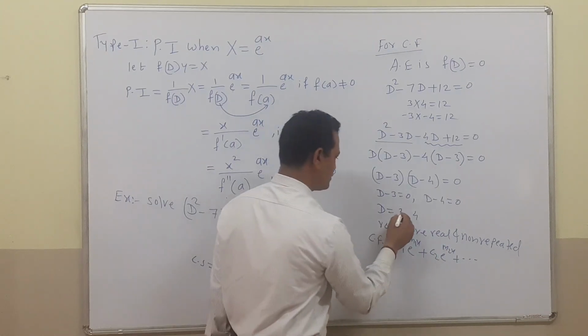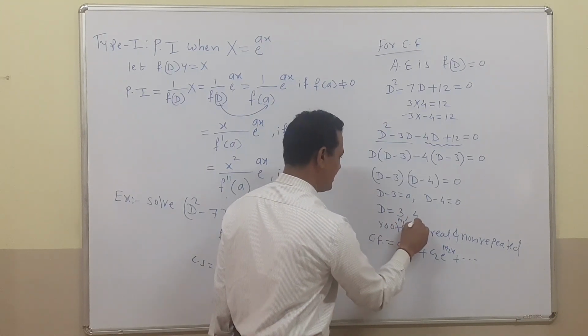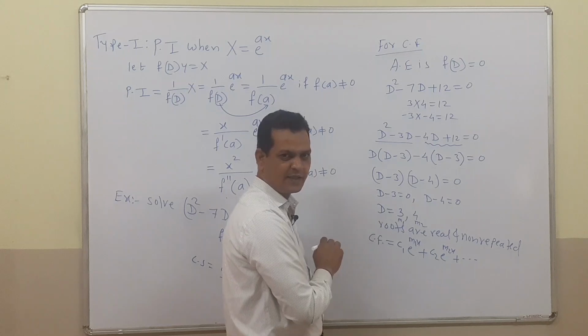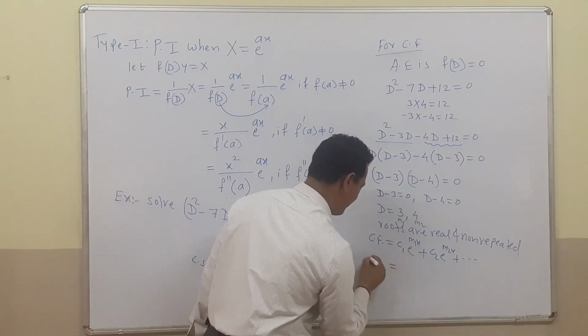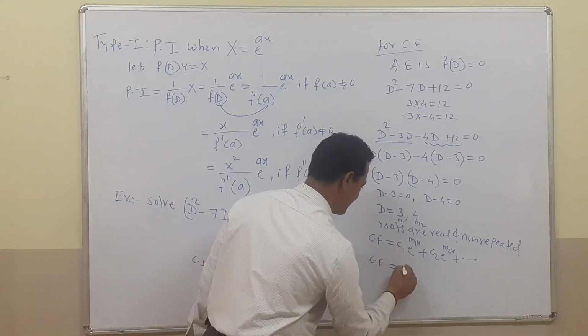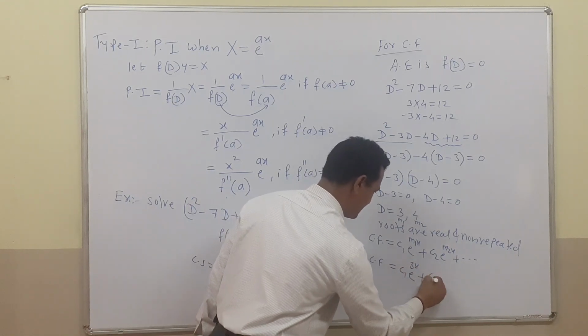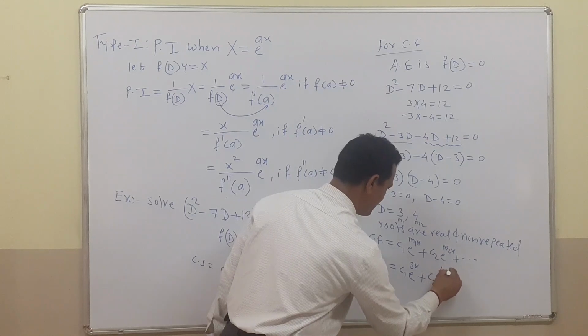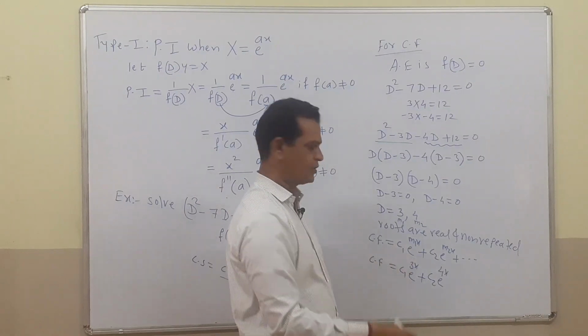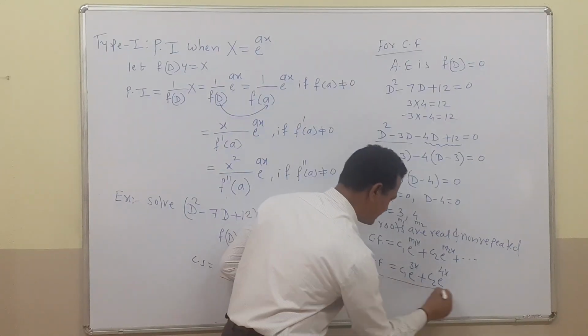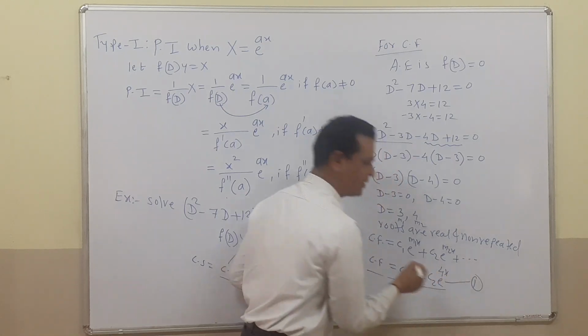So this is the first root, let's call this m1, and this is the second root, let's call this m2. So we can write the complementary function as c1 e raised to 3x plus c2 e raised to 4x. The remaining roots are 0. So this is the value of the complementary function. Let's call this equation number 1.